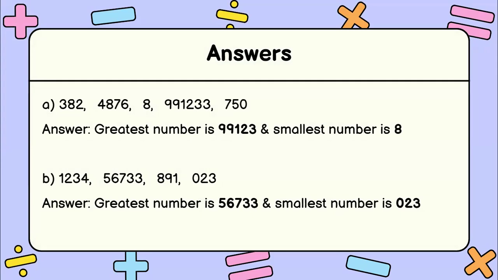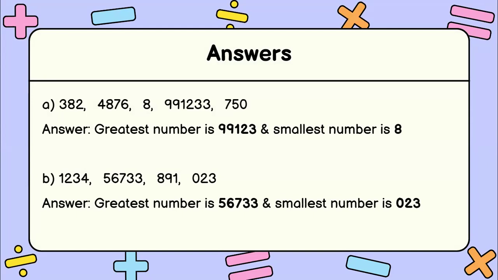Let's see the B sequence now. 1,234, 56,733, 891, and 23.